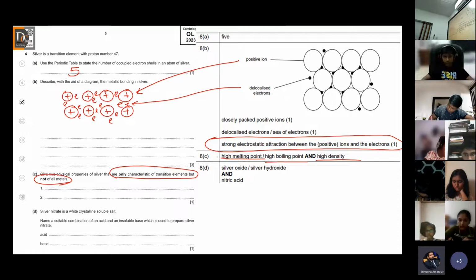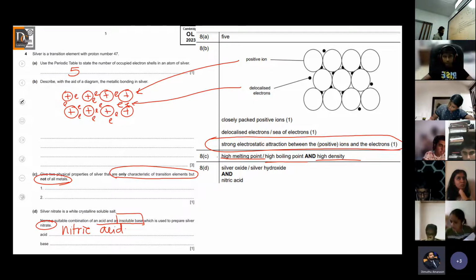All right. So name the suitable combination of an acid and an insoluble base to prepare silver nitrate. They have told everything, right? No need to worry about salt preparation that much. The acid is nitric acid. And the base should be any insoluble base of silver.